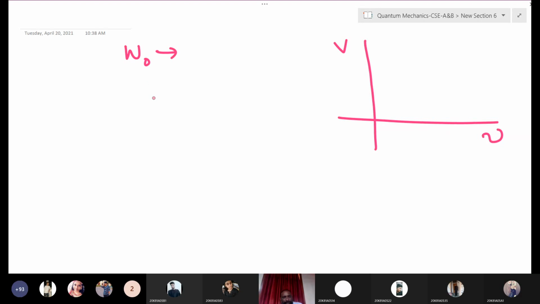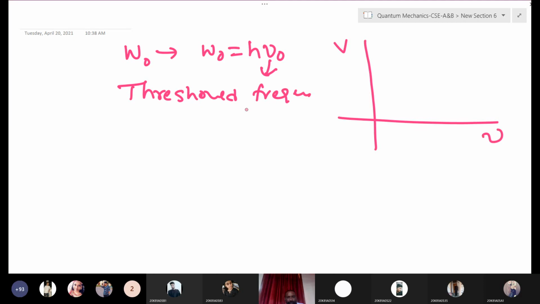This is equal to omega or W0 is equal to h nu 0. Here nu 0 is what we call threshold frequency. Threshold frequency means the minimum frequency required to eject the electron.